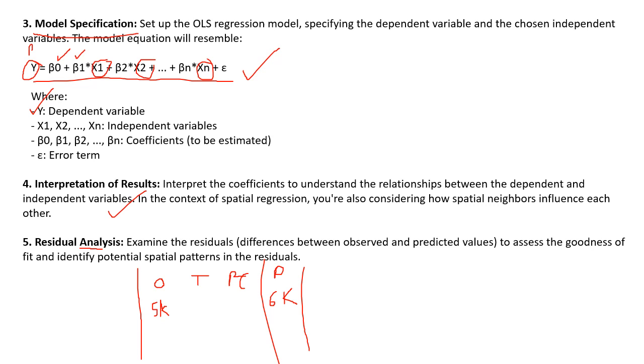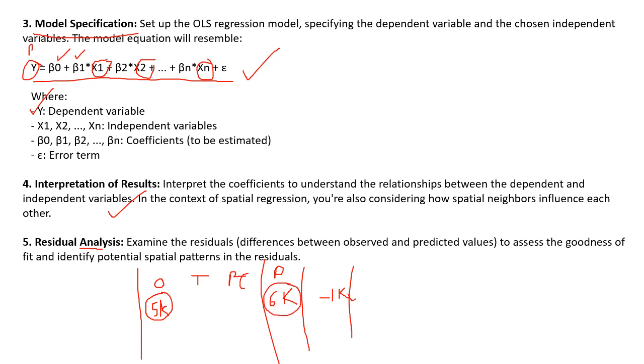So what is this? The residual is minus 1,000. Minus 1,000 means the coke sale is less here than predicted.